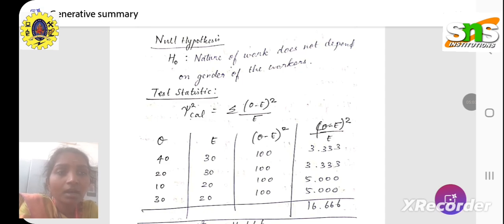Therefore we accept the alternative hypothesis: the nature of the work does depend on the gender of the workers. This is our conclusion as per the chi-square test performed here.